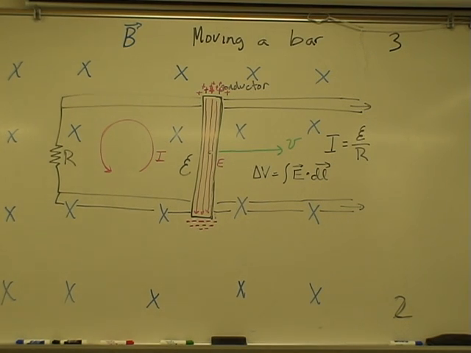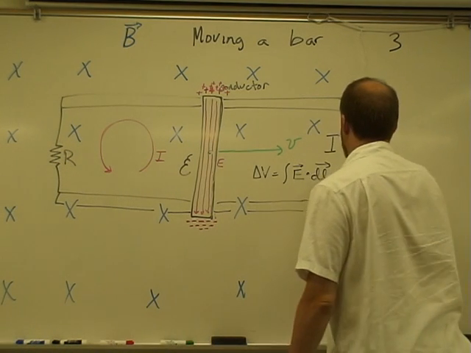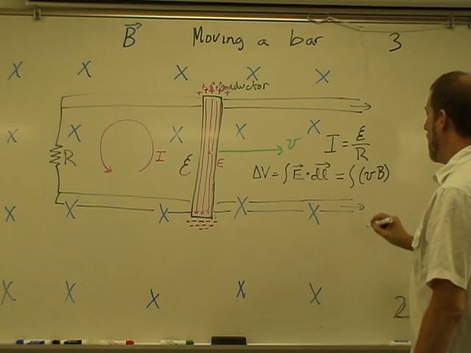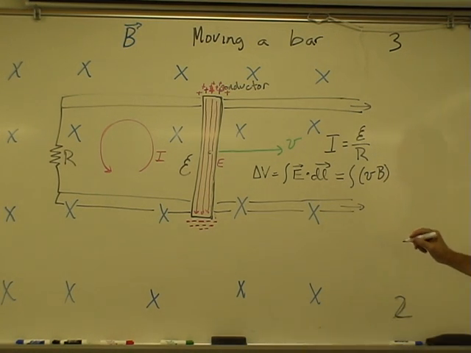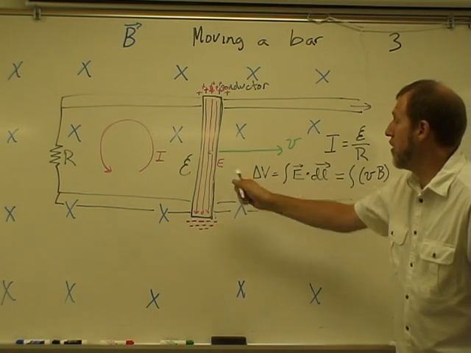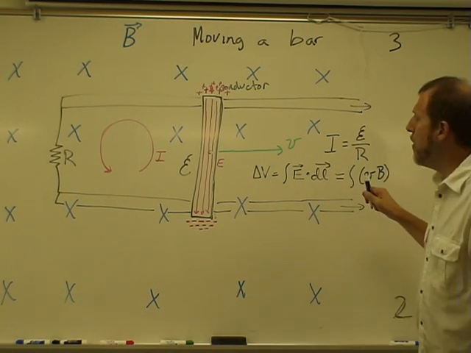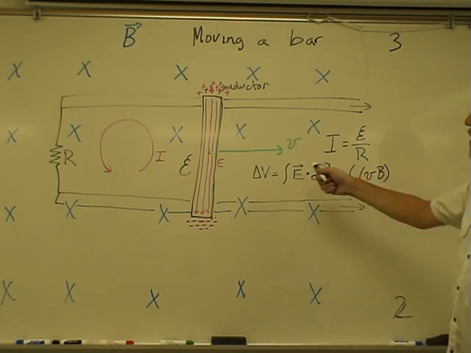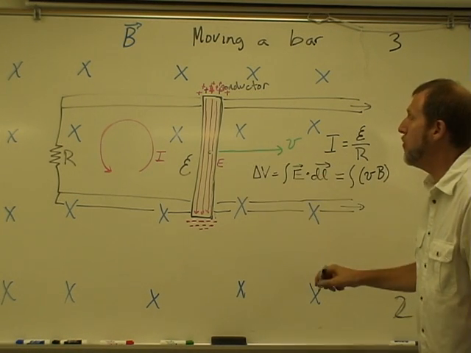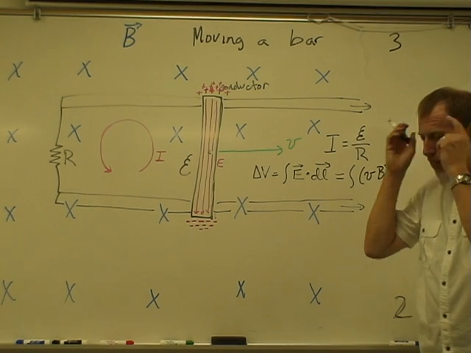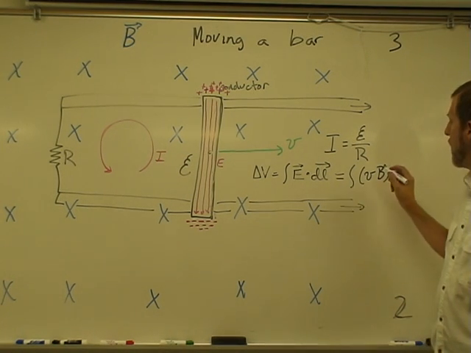Well, what's the electric field? If you look back at the last bit of work we did when we were simply looking at the bar, the electric field strength is equal to the velocity of the bar times the magnetic field that it's in. We rewrite the electric field like this because the velocity and the magnetic field are things from the situation that, at least in this way of looking at it, we know from the beginning.